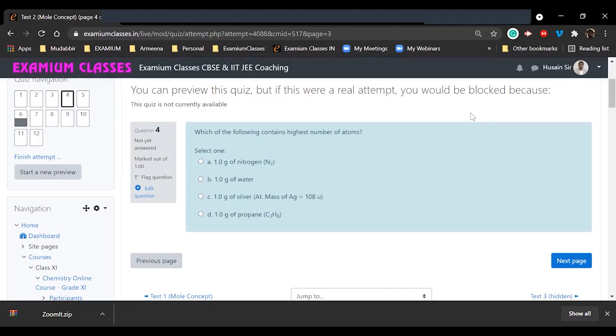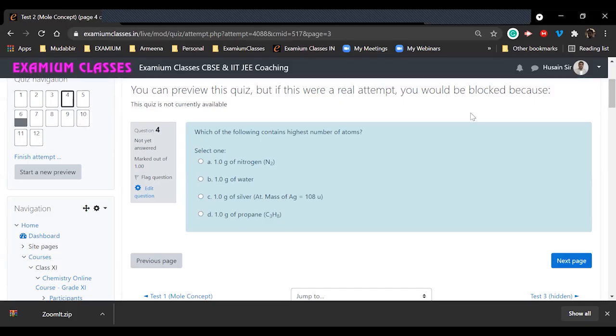If you see the fourth option, 1 gram of propane, C3H8, 3 plus 8, 11 atoms are there in one molecule. It means whatever number of molecules you get in 1 gram, you will have to multiply that by 11 to get the number of atoms.